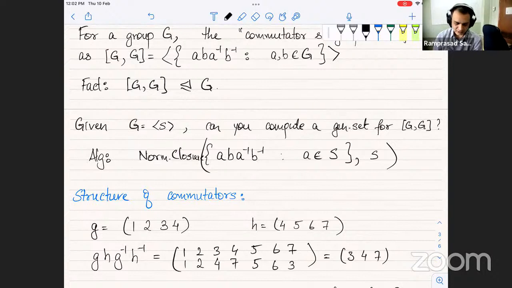Now the point is, instead of 1, 2, 3, and 4, had we taken something like 1, 2, 3, and so on till 50, that was my G. And my H was 50, 51, and so on till 100. And we did exactly this, G, H, G inverse, H inverse. What are the things that would end up moving?